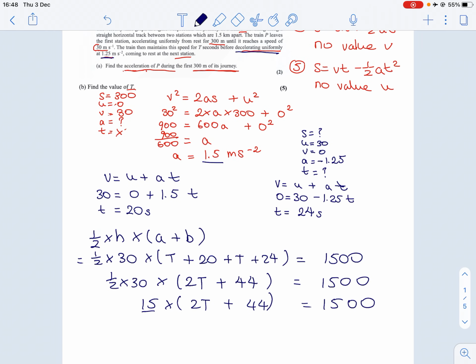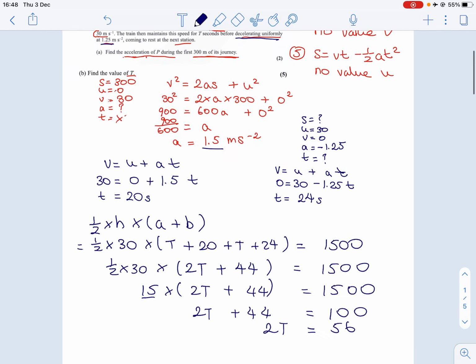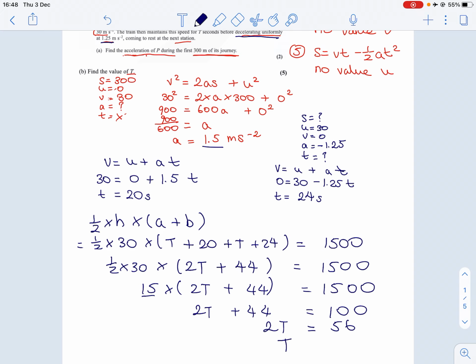Then we can divide by 15 on the other side, so we have 2t plus 44 equals 100. Then just rearrange, so 2t equals 100, take away 44 is 56. Therefore, we have our t equals 28 seconds.